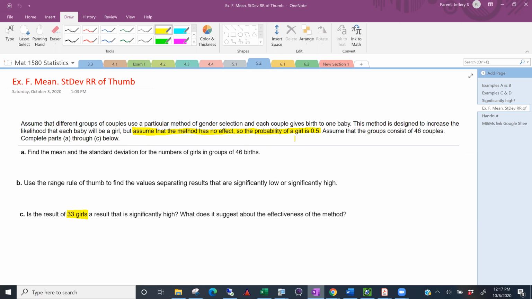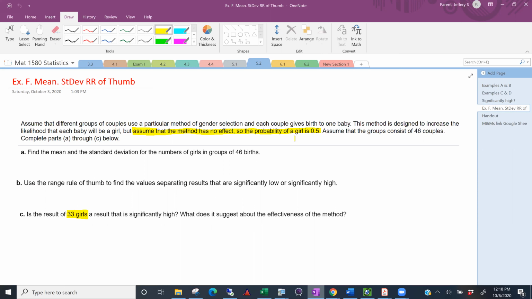So the first thing I want to do is decide whether or not this represents a binomial random variable. So do we have a fixed number of trials here? Yes. Good. There's 46. Are the trials independent? Yes. Cool. Are there two outcomes? Yes, boy or girl.